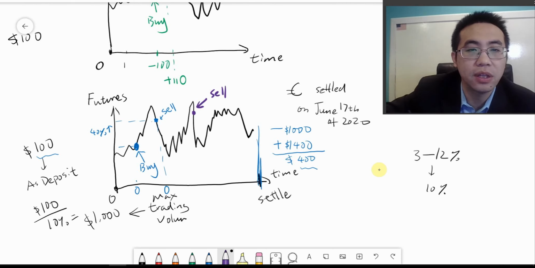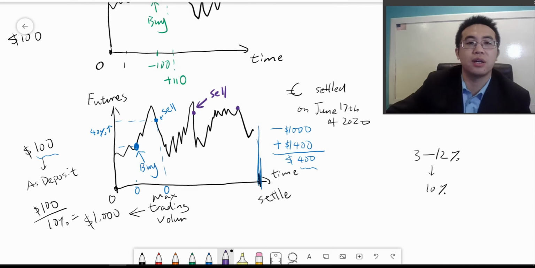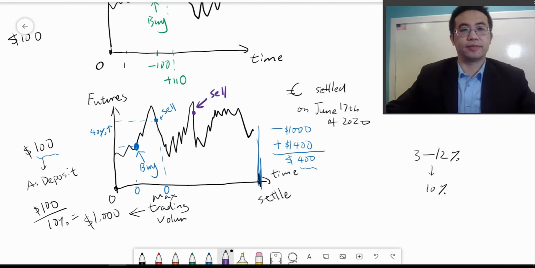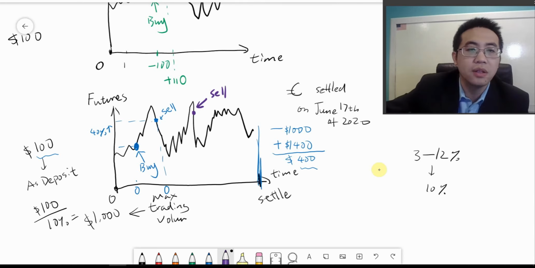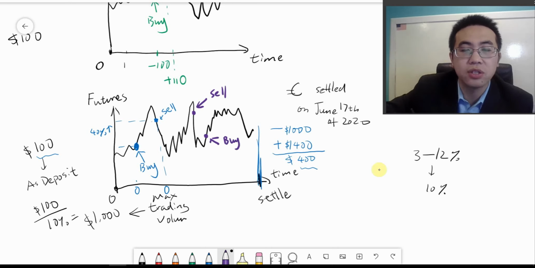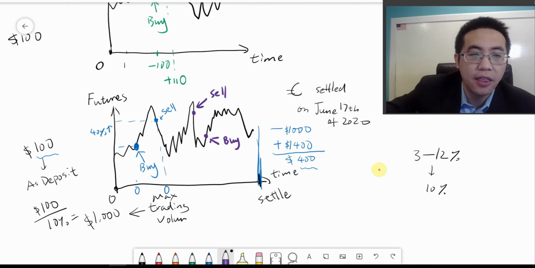Let's see, the euro is right here. So let's see if the euro just declines and then you reach it back here, and then you make a commitment to buy. So you buy a futures contract, and there's no cash flow here.